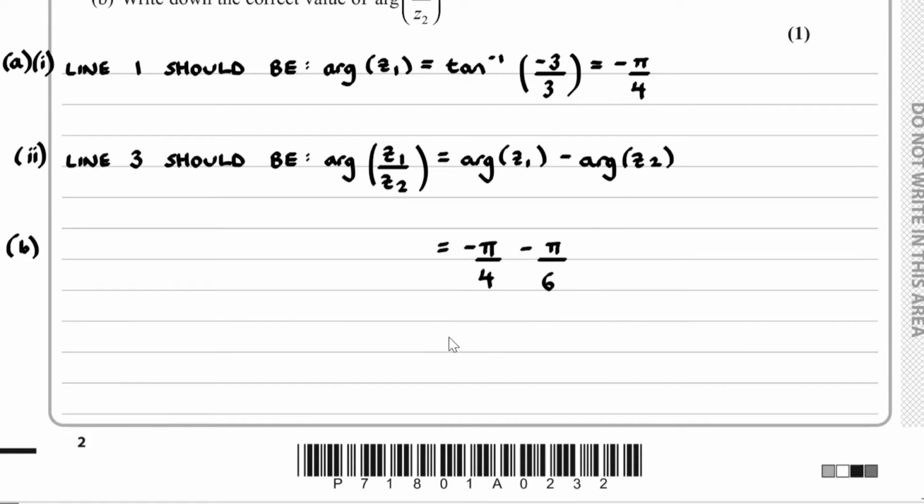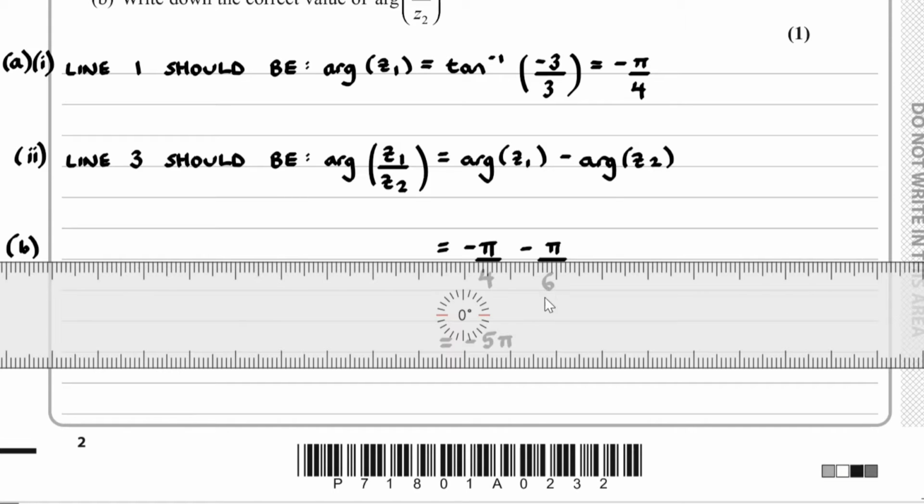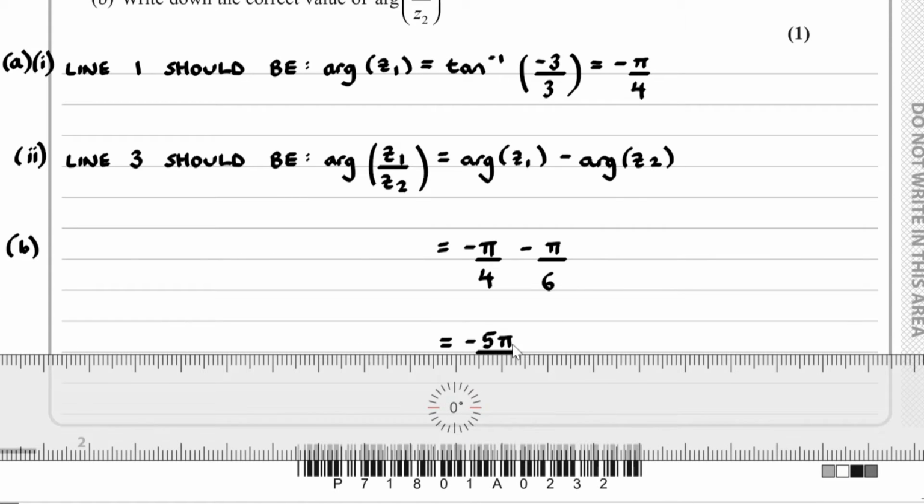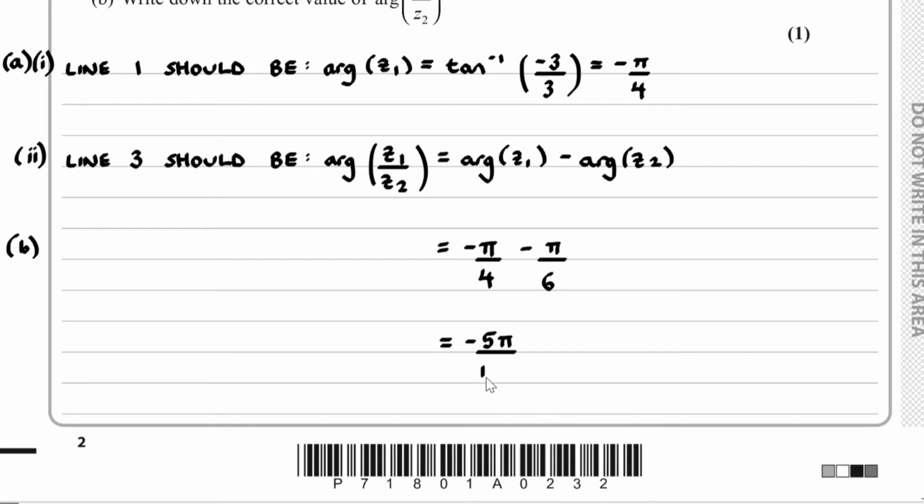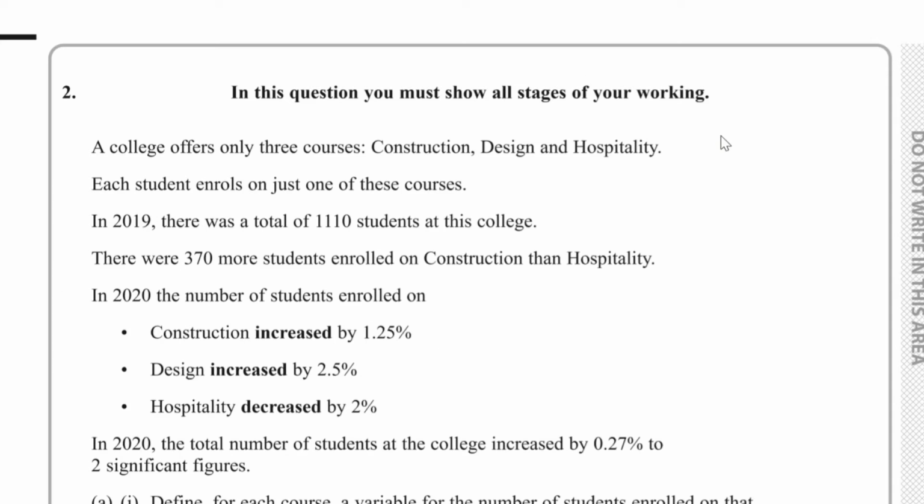And if we work this out, we end up with minus 5 pi over 12. And so the argument of z1 over z2 is minus 5 pi over 12.